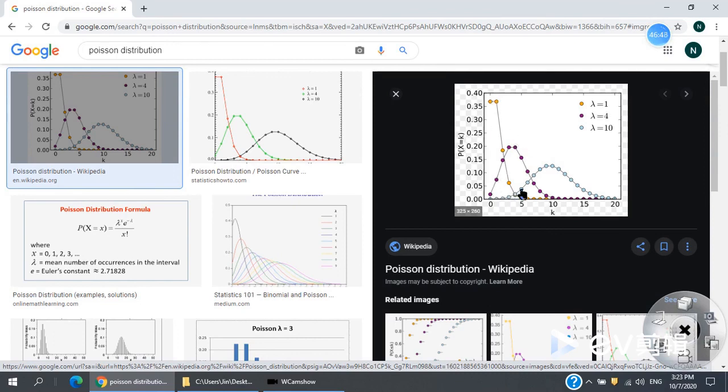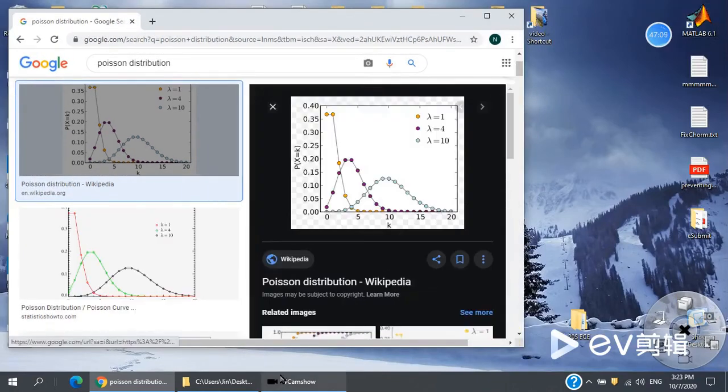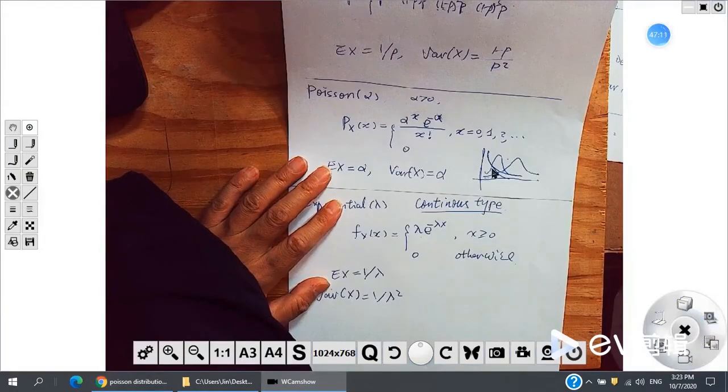So it looks like this. Let me copy this. Something like this way, or this way, right? These three, something like this.